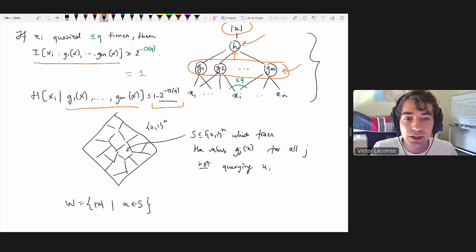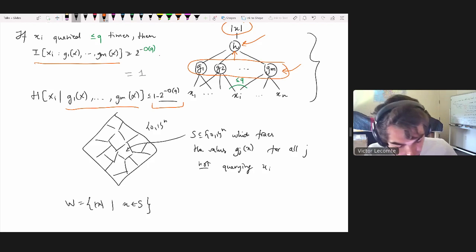So the only remaining uncertainty was the value of the subfunction that queries xi. And here, similarly, if we know all the subfunctions except for those that query xi, then the only remaining uncertainty is the k values of the subfunctions that do query xi, and all of those are bits by assumption of the model, and so that's only 2 to the k, 2 to the q values.